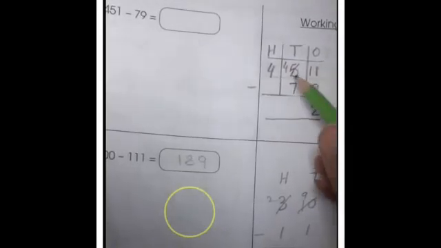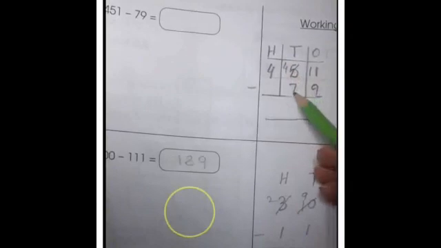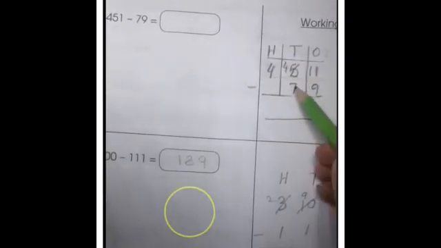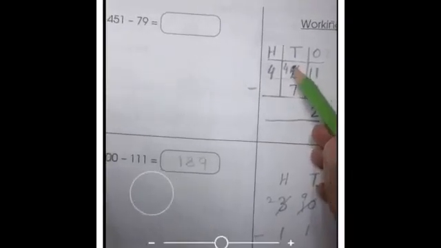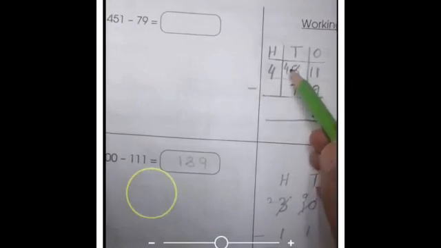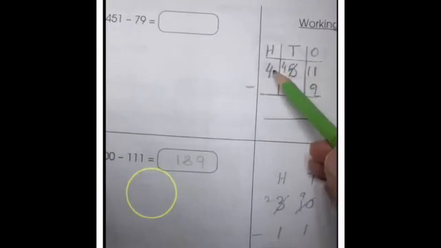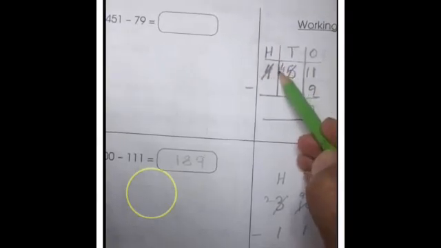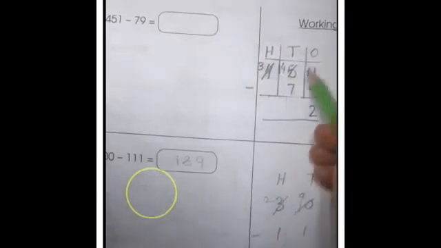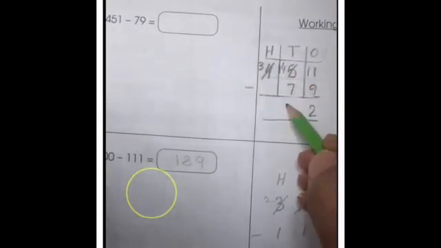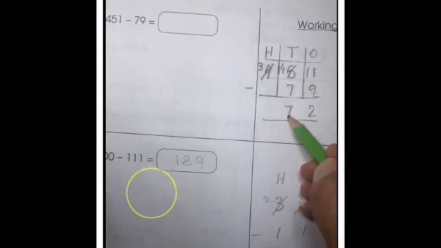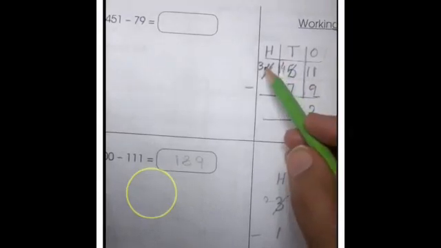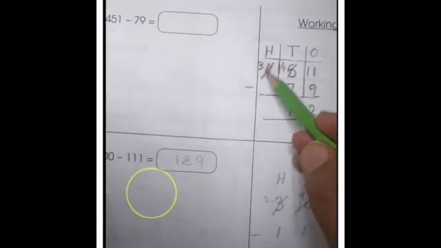Come to the second column, 4 minus 7. You can't subtract both numbers because 4 is smaller than 7. Now to regroup, you borrow one from its neighbor. Okay, now it will become 14 and it becomes 3. 14 minus 7 is 7, and come to the third column.